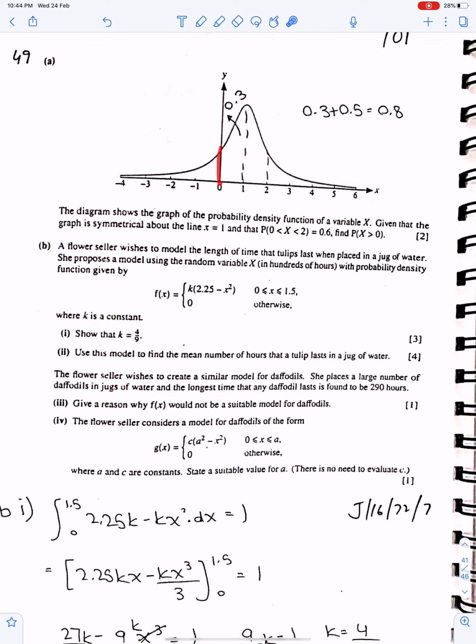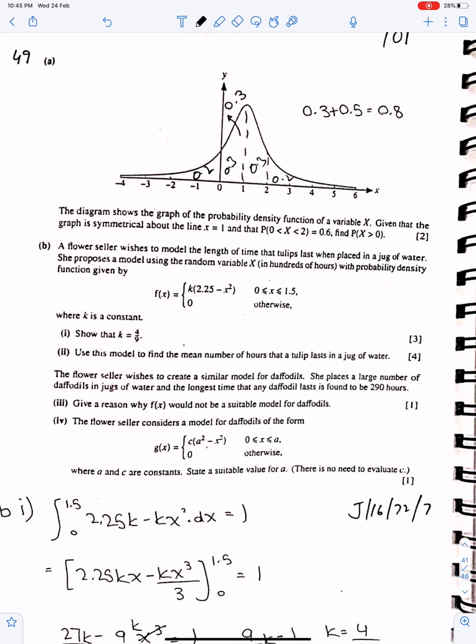They are saying this area is 0.6. So this area should be 0.2 and this should be 0.2. And this 0.3 and this is 0.3. This is 0.3, this is 0.3, this is 0.2 and this is 0.2 because total is 1.